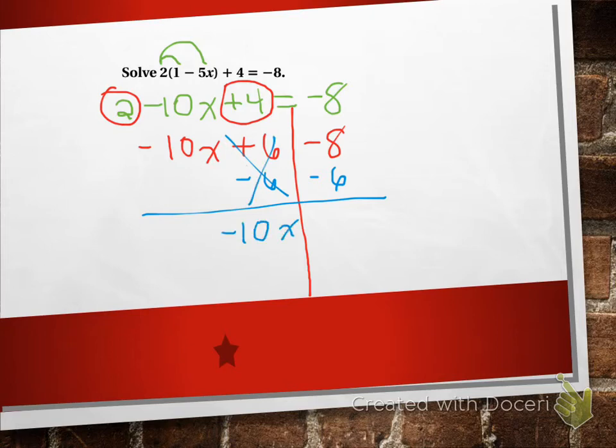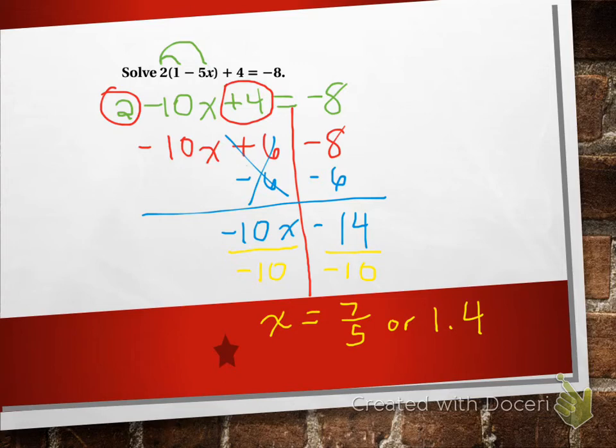And a negative 8 plus a negative 6 is going to give me a negative 14. So now our final step here is to get rid of what's multiplied or divided, which we've multiplied by negative 10. So divide by negative 10, and you're going to get that x is equal to negative 14 divided by negative 10, and a negative divided by a negative is a positive. So we end up with 7/5, or if you put it in your calculator, it was 1.4.